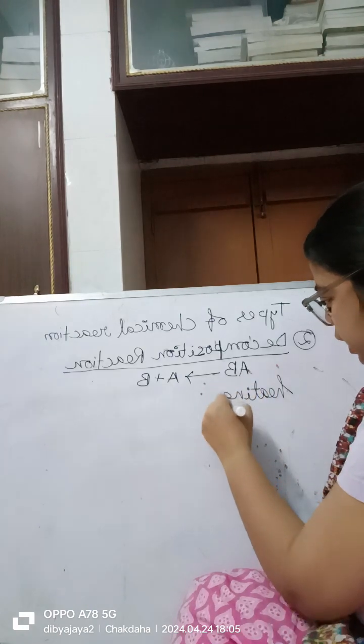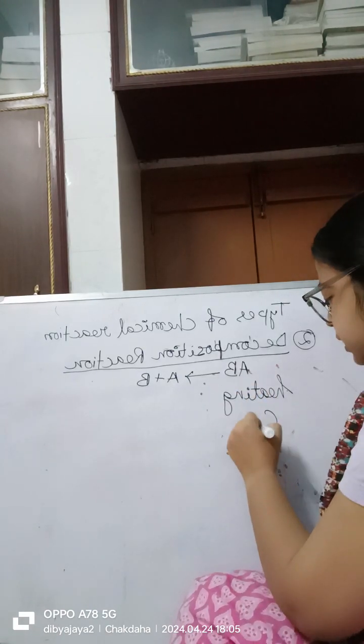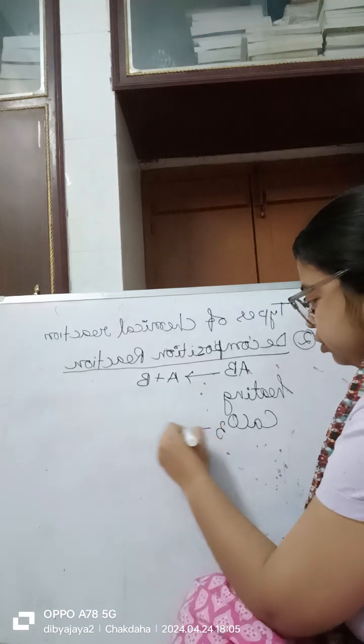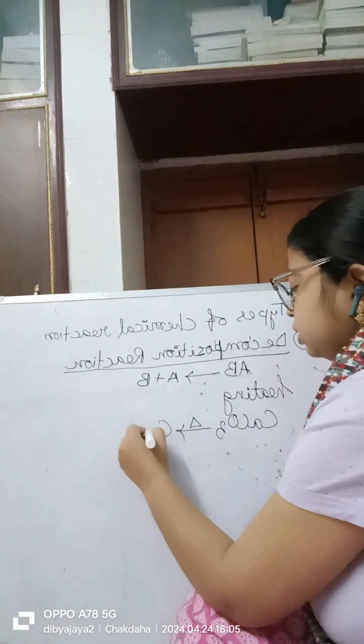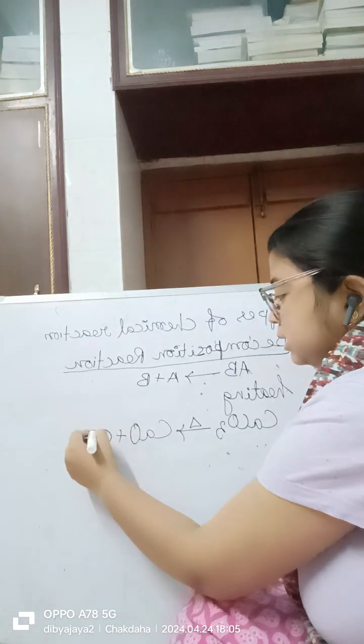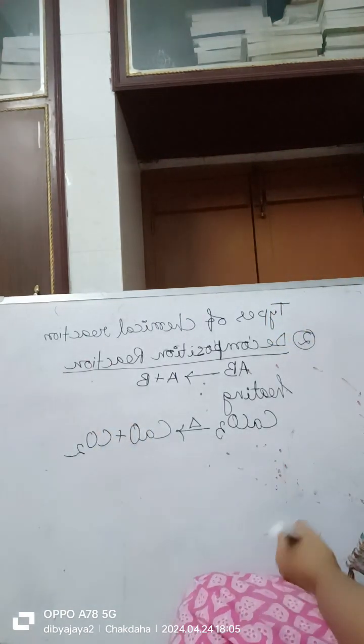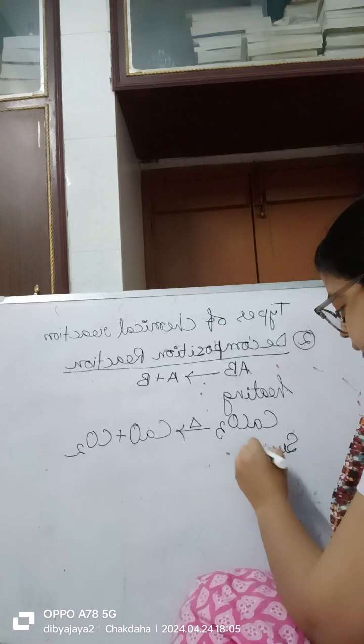For heat, decomposition can happen, like CaCO3, calcium carbonate. If we give it heat, then CaO plus CO2 is formed.